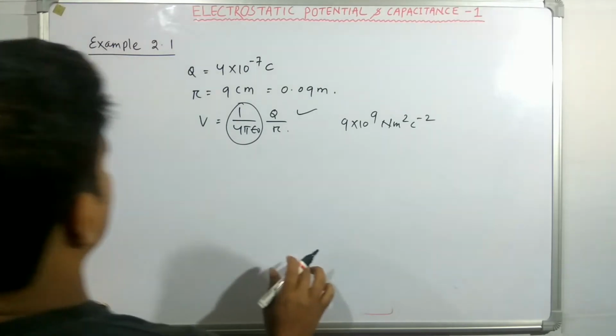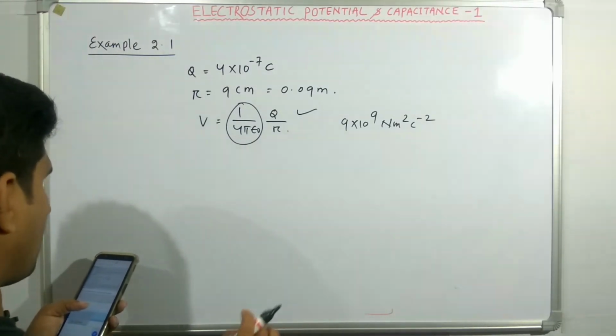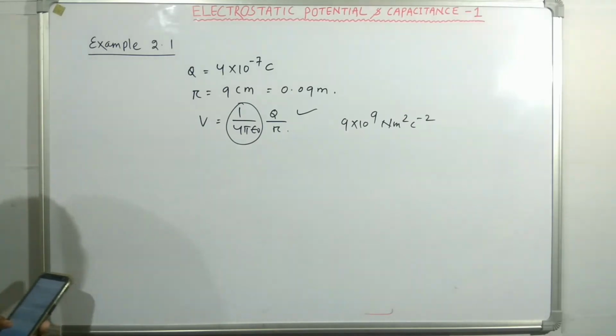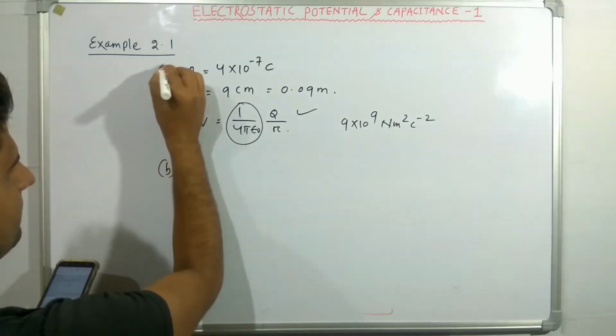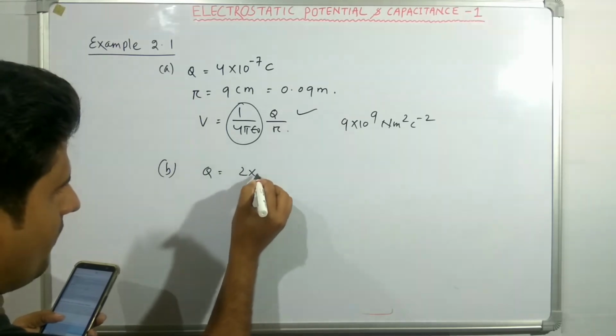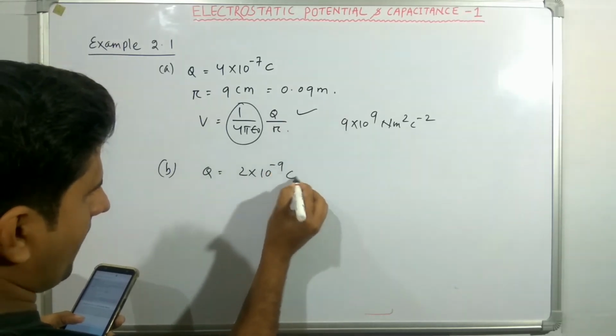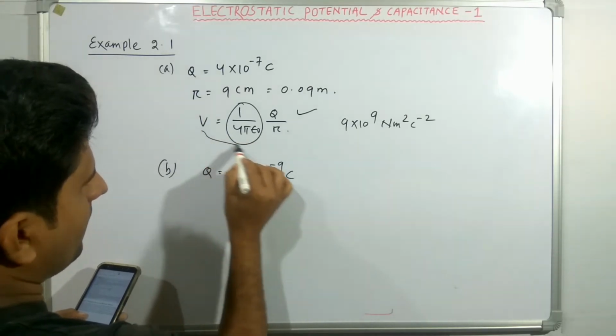In the second part, obtain the work done in bringing a charge of 2 into 10 to the power minus 9 coulomb. In the second part, another charge is given, 2 into 10 to the power minus 9 coulomb, and from the first part we have the potential.